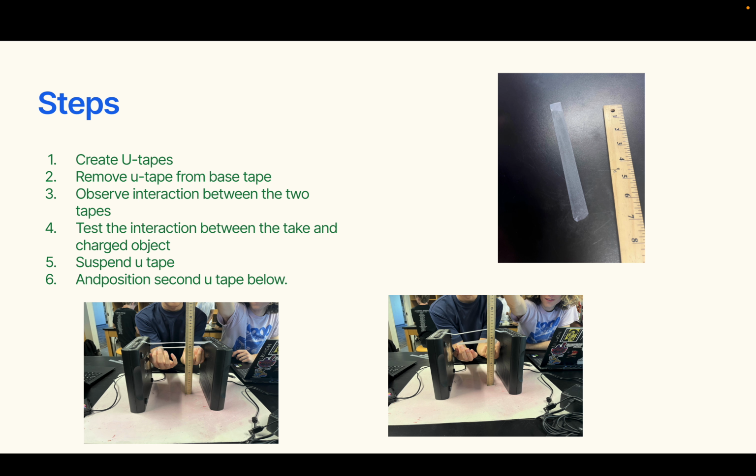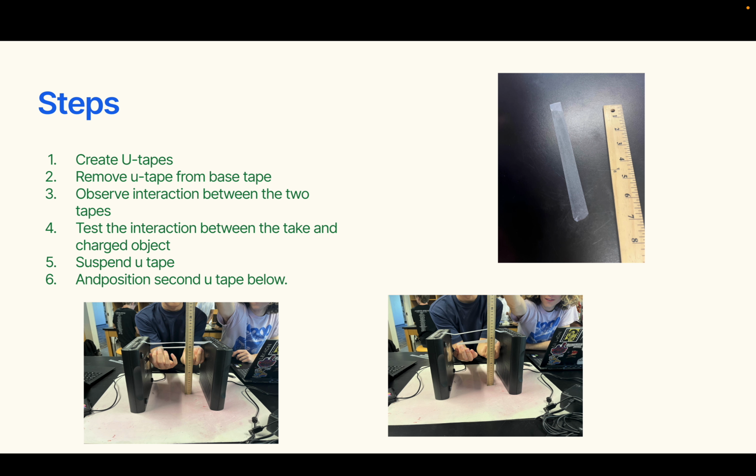Then we tested the interaction between the tape and a charged object, which was a plastic pen that we rubbed in our hair and our clothes, and it repelled. And then we suspended the U-tape, shown in this image here, and we positioned a second U-tape below, and you can see that U-tape repelled from the other U-tape.